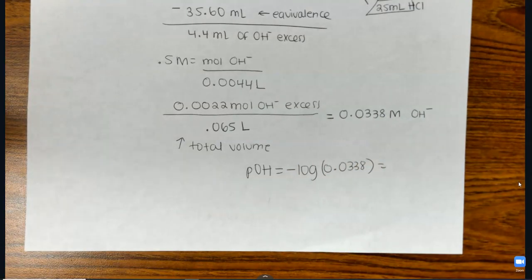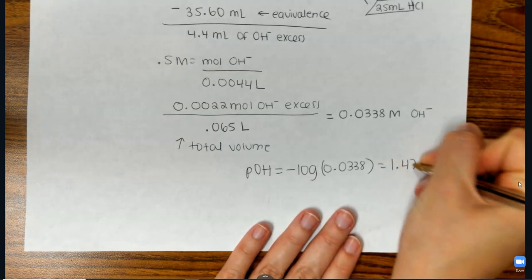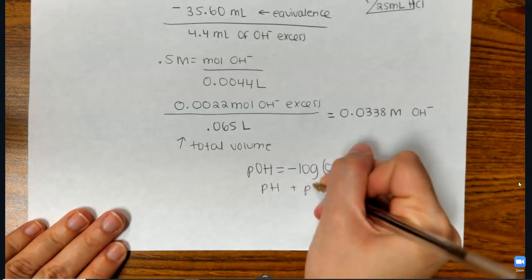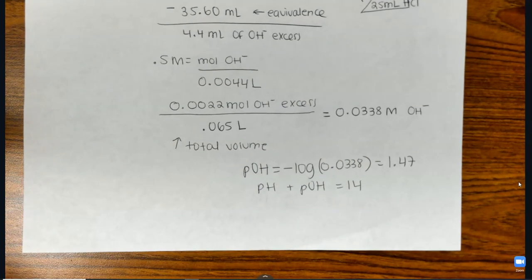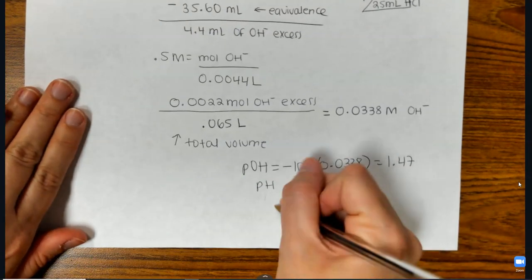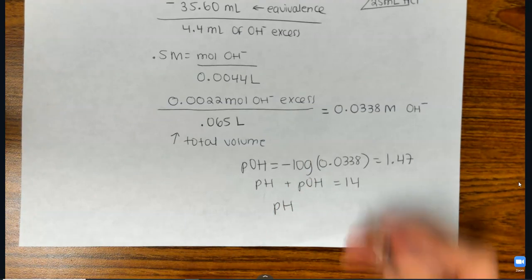The negative log of 0.0338 is 1.47. pH plus pOH equals 14 when you're at room temperature. You can always assume these problems are at room temperature unless you're told otherwise. So to get pH, you just subtract this from 14. The pH would be 12.53.